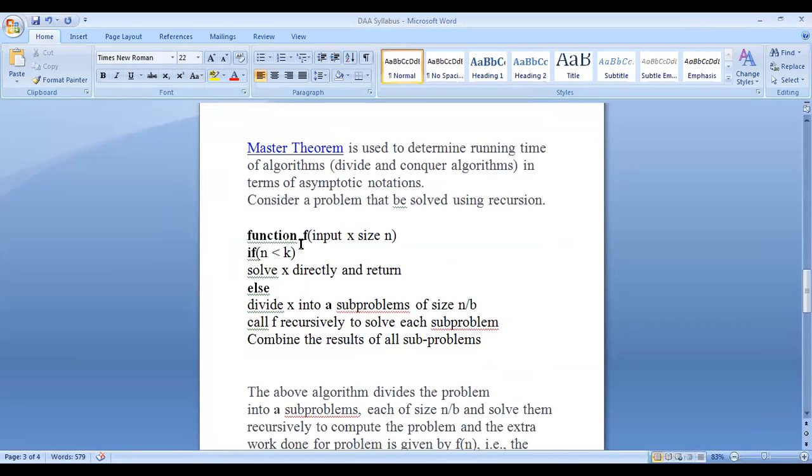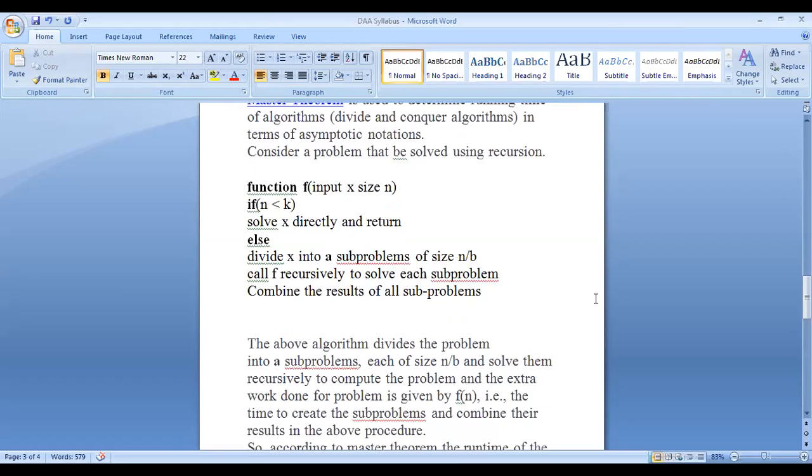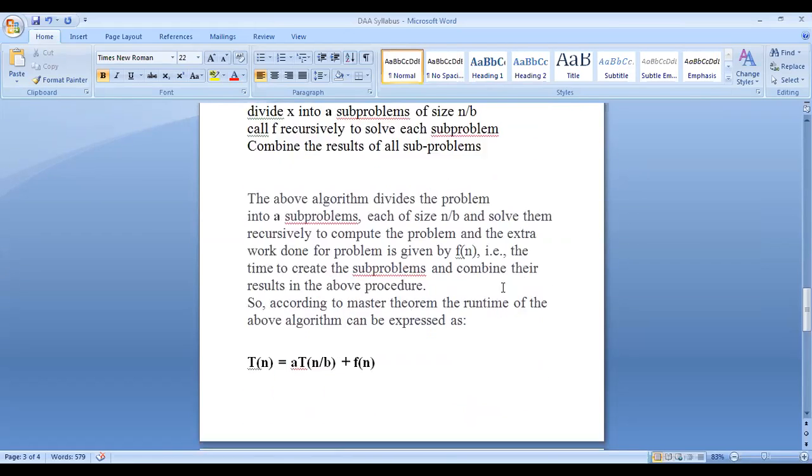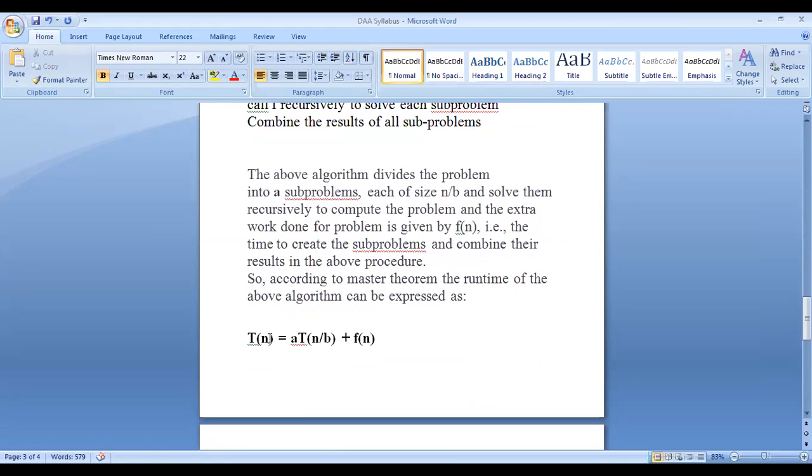For a function f of n, n is the input size. If n is less than k, directly solve and return. Otherwise, divide into sub problems of size n by b and solve each, combining the results. So T of n equals a of T of n by b plus f of n.